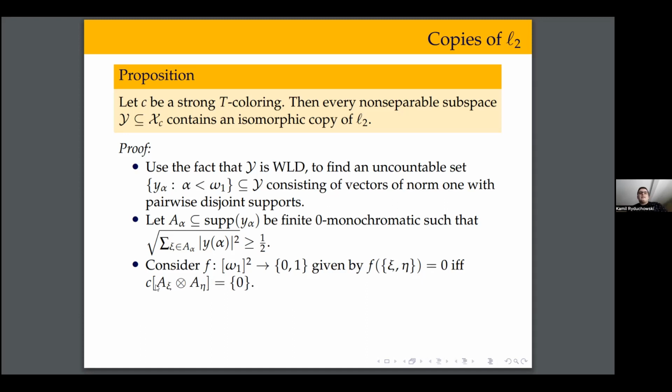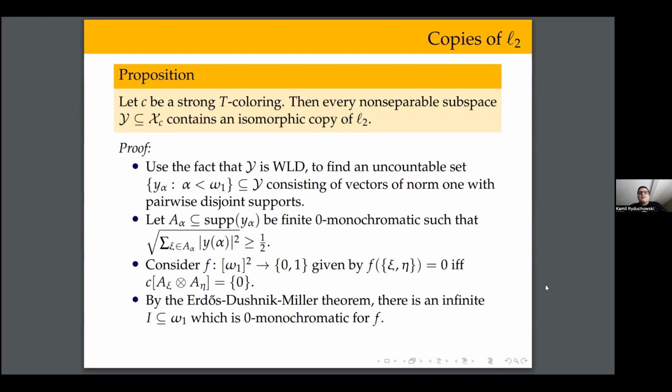Since C is a strong T-coloring, it meant that if we take uncountably many A etas, then there are always two such that all the edges between them have color 0. So this situation happens in every uncountable set of A etas, or in other words, the coloring F doesn't admit uncountable one monochromatic sets.